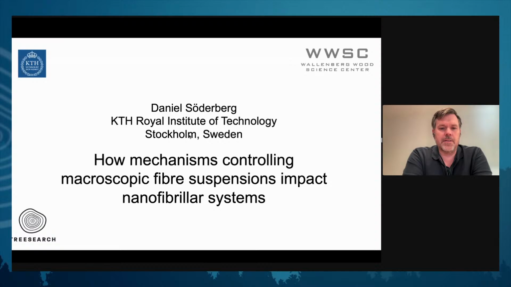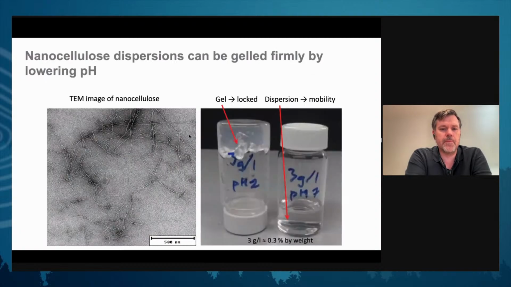The focus of this presentation is to take things from the large scale, apply it on the small scale, and that will change how we should use our knowledge when it comes to behavior on the nanoscale for semi-flexible polymeric systems.